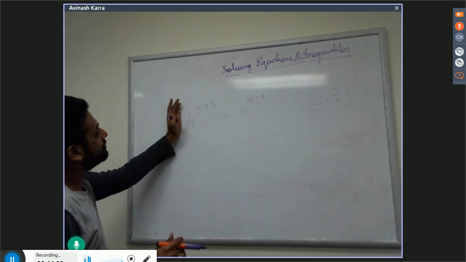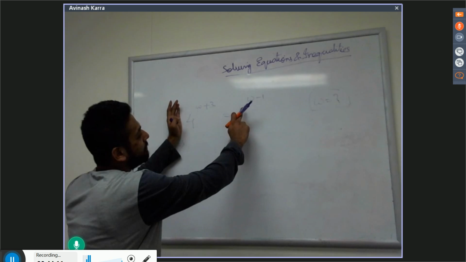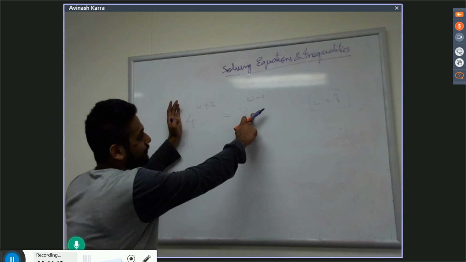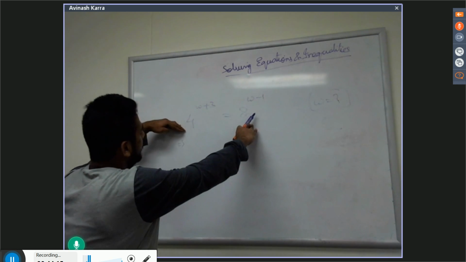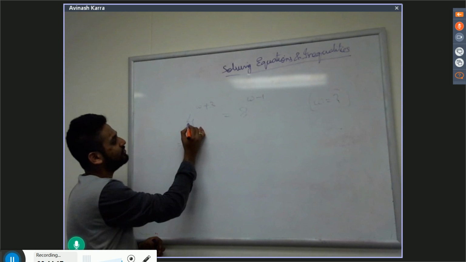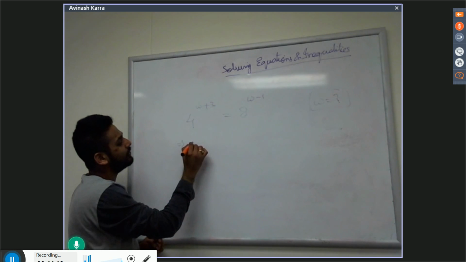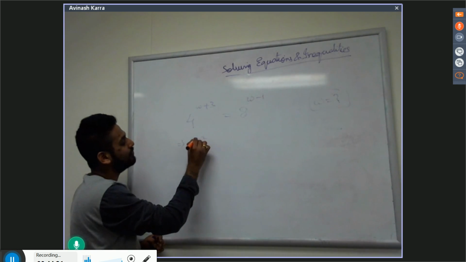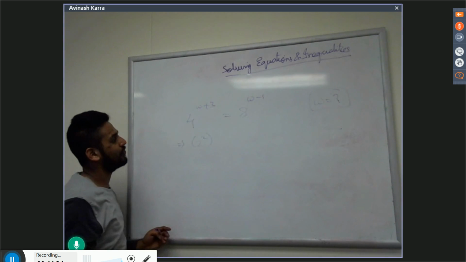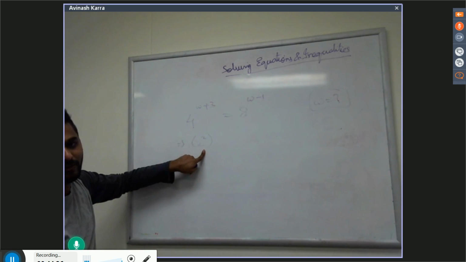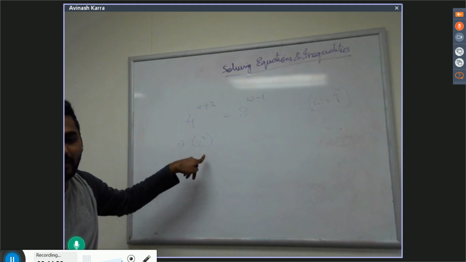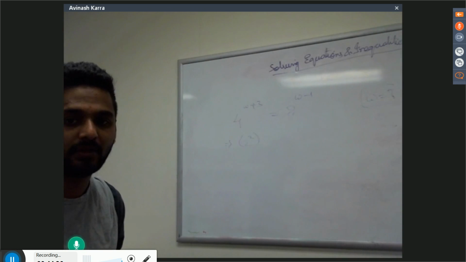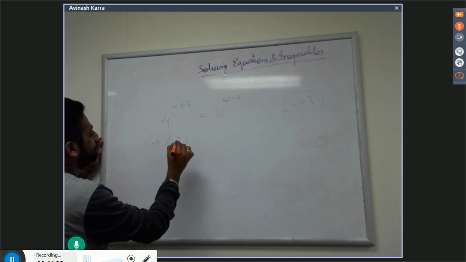But if you multiply the left side by 2, you need to multiply the right side by 2 to maintain the equality. So first, just check whether you can write 4 as 2 to the power of 2. Yes, 2 to the power of 2 is 4.